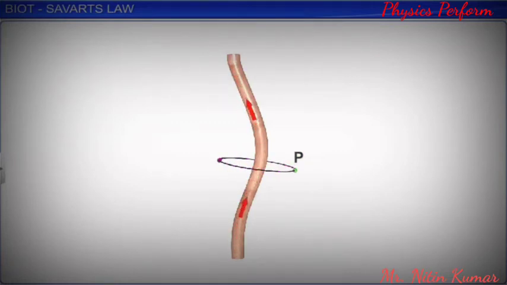let us assume the conductor is divided into a number of infinitesimally small elements, each of length dl. First, let us calculate the magnetic induction dB at point P due to one such element of the current carrying conductor.